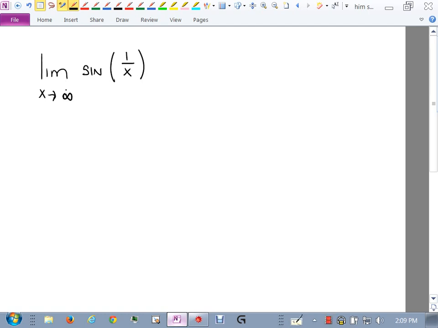Direct substitution. Sine of 0, right? Because this thing's going to 0. What's sine of 0? 0. The sine of 0 is 0. How do we know that? Just go to the sine function, right?